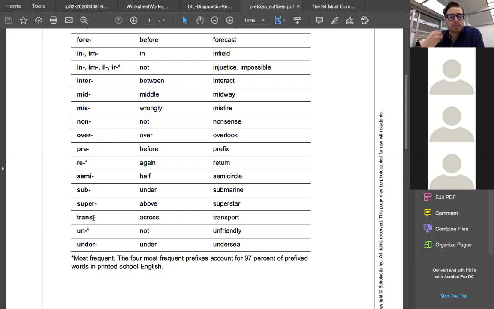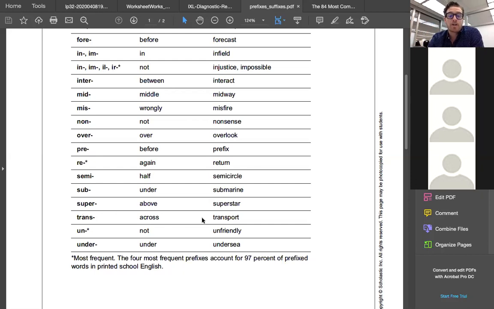To me, this is as close as you can get to math with language arts. If I know that something means something and then I add it to the actual root word, that's what we're trying to do.